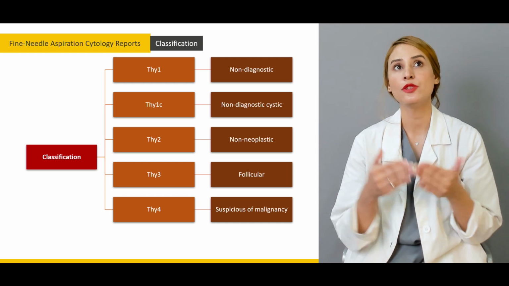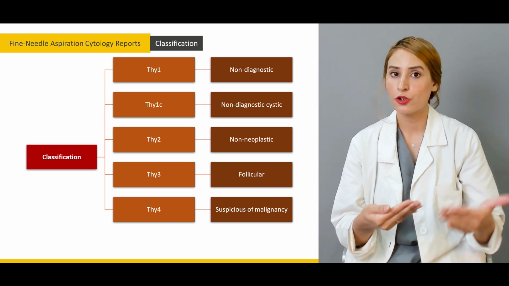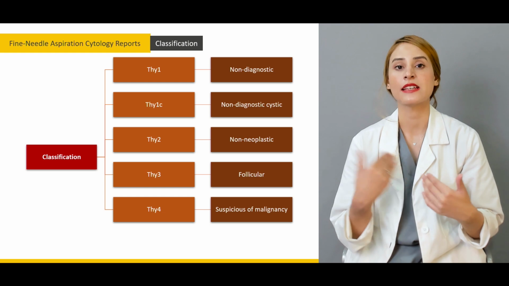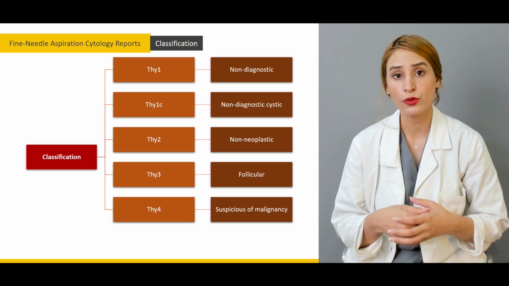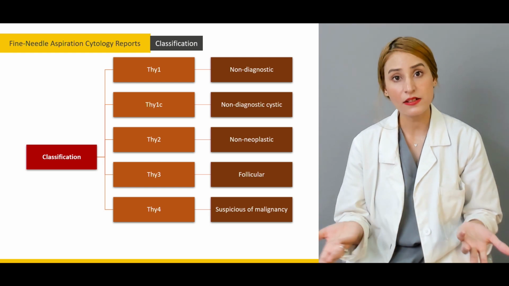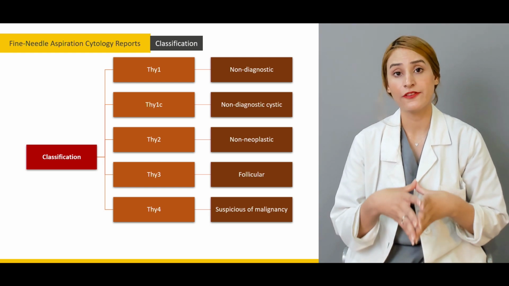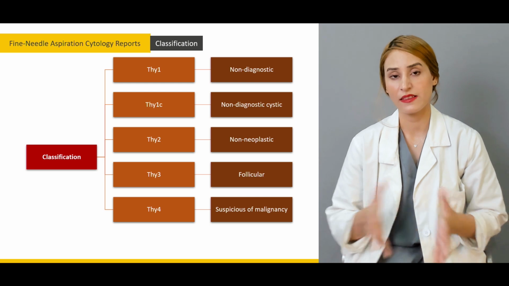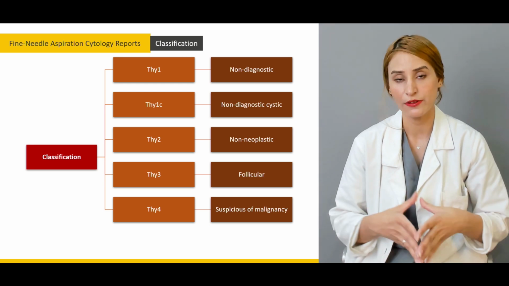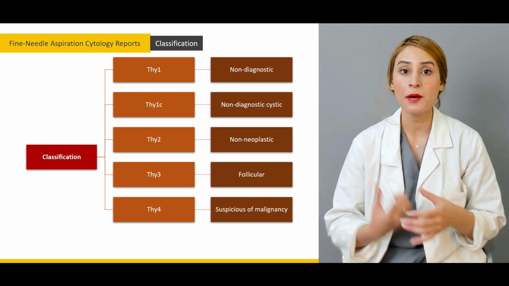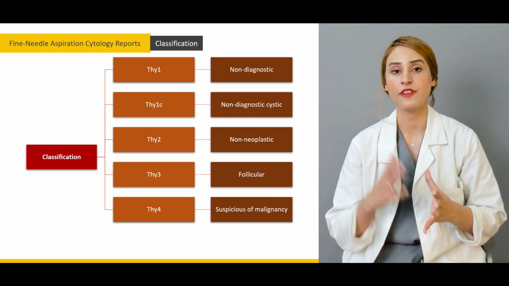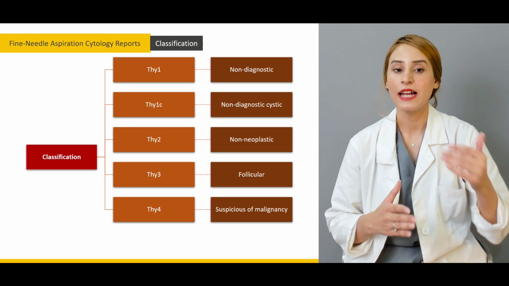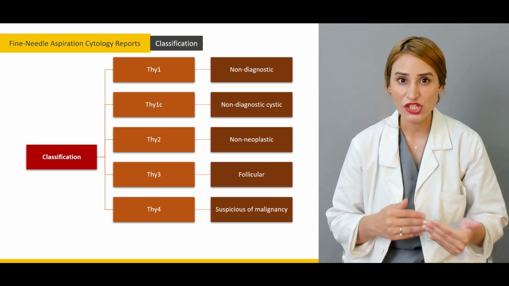I already told you why we order fine needle aspiration cytology, because if there is a solitary nodule, it can be a thyroid adenoma, or maybe a toxic adenoma, or if there are multiple swellings in the thyroid gland, it's a multinodular goiter, but if there is a dominant nodule, we have to order the FNAC, which is fine needle aspiration cytology, and we have to look for the functioning of that nodule.